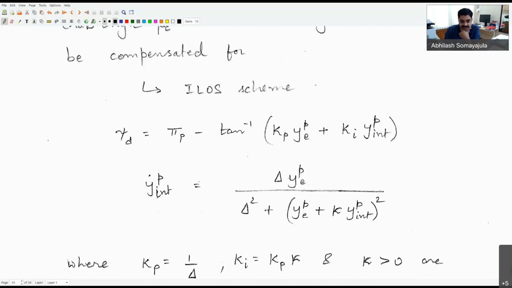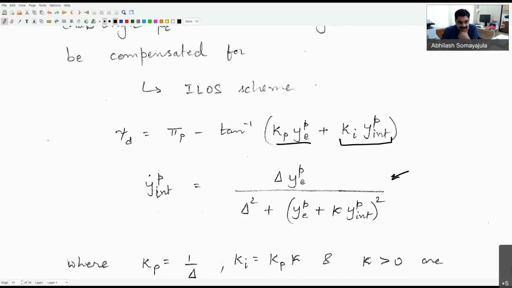So the idea then becomes psi d is simply given by pi p minus tan inverse of kp times ype plus ki times yp int, where yp int is governed by this dynamics, which will ensure that the system is uniformly semi-globally exponentially stable. We had looked at this aspect when we were discussing guidance systems.